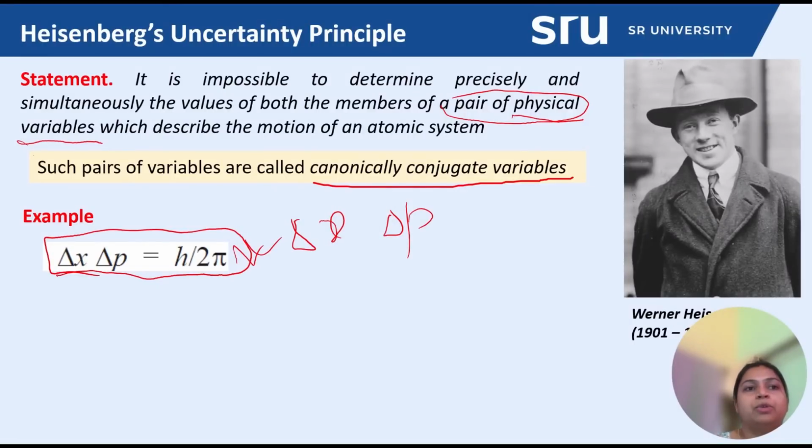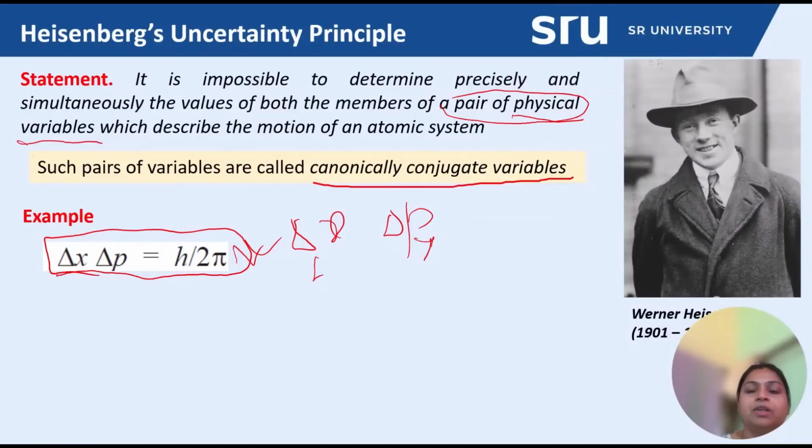The product of the two errors is approximately of the order of Planck's constant. If delta x is small, then delta p will be larger and vice versa.